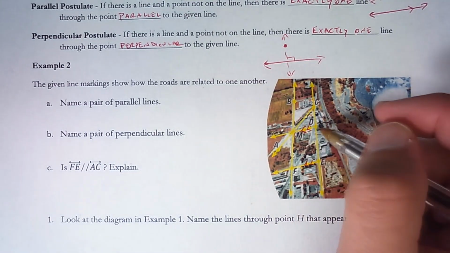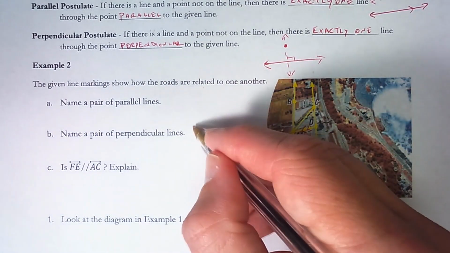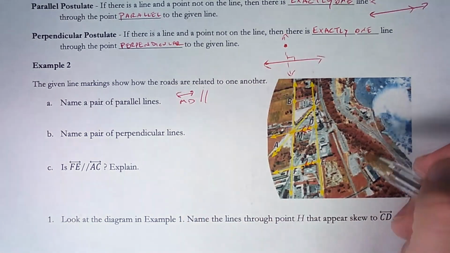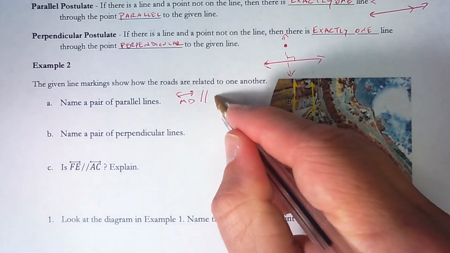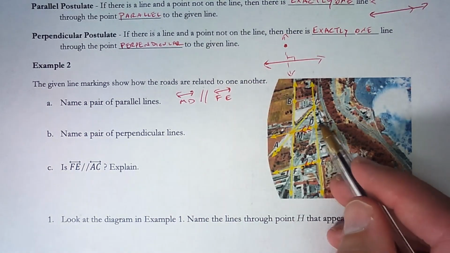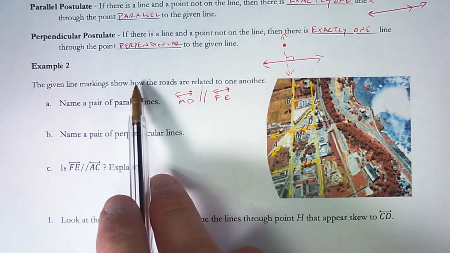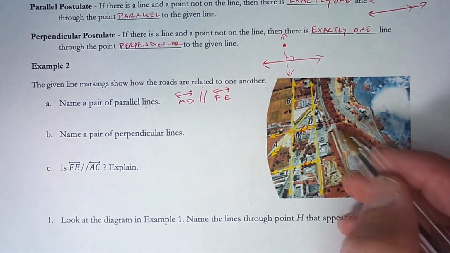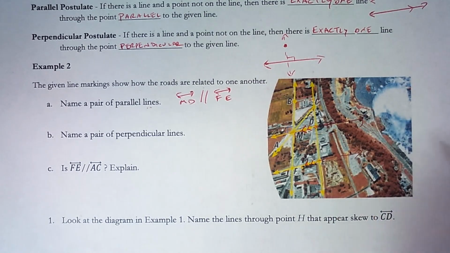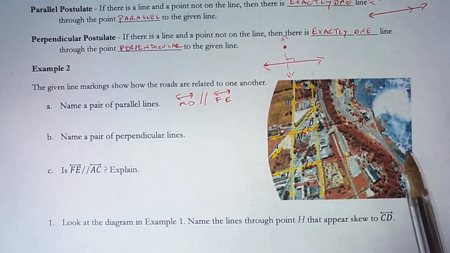So line MD is parallel to line FE. So we're just assuming that these go forever, because it does say parallel lines. We're considering these rays to be part of lines that continue in both directions.